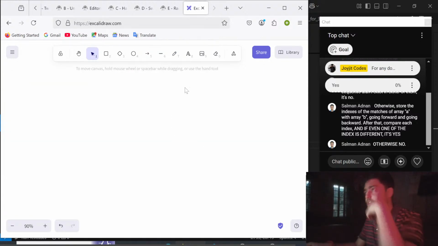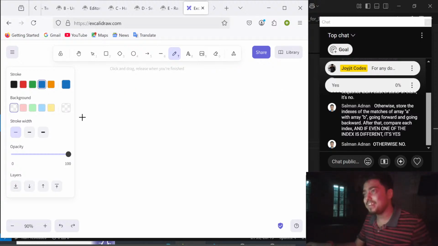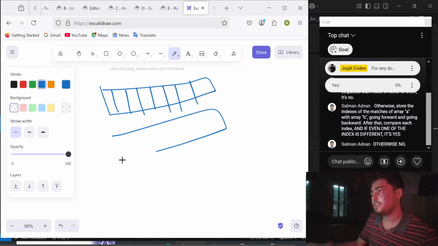So what the question tells us is, you're given two arrays, and some of the elements in both arrays are minus one. Obviously both the arrays are of the same length.